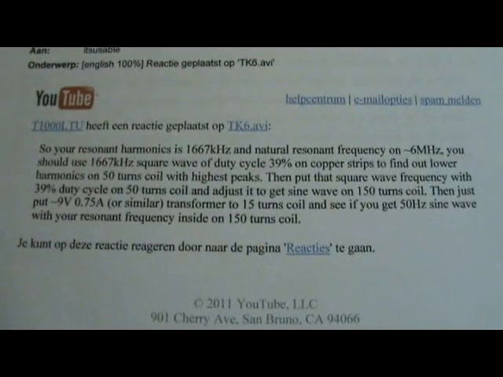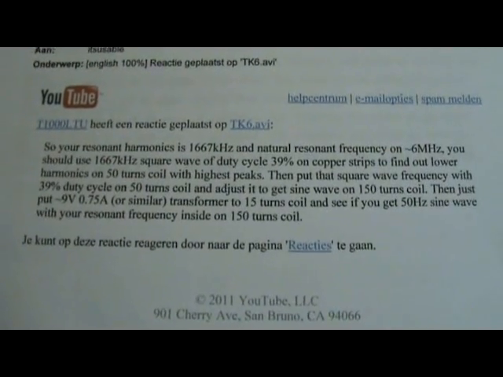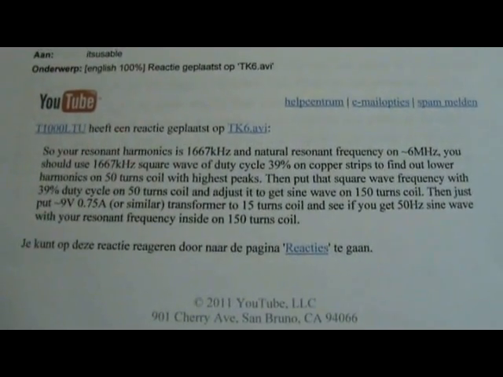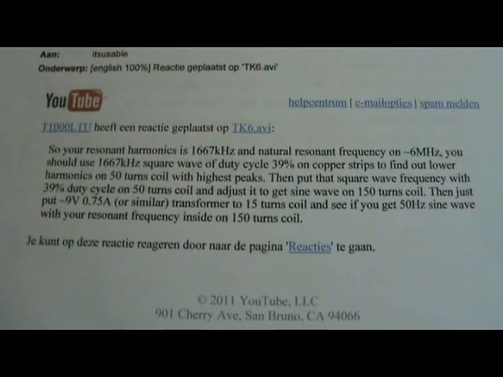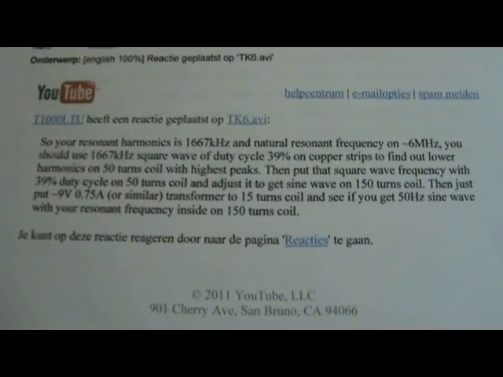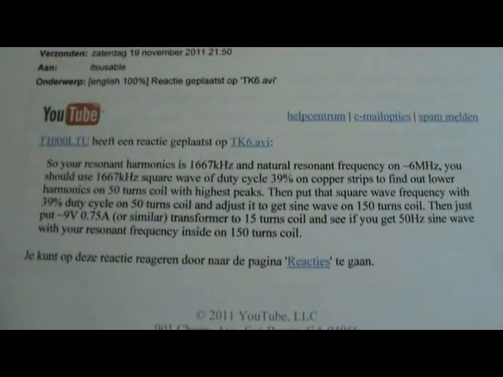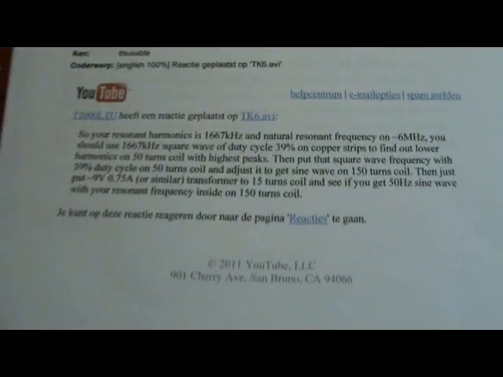He asked me to put a 1.667 kHz square wave, 39 duty cycle, on the copper strip, and then look at the lower harmonics of the 50 turn coil with the highest peaks.